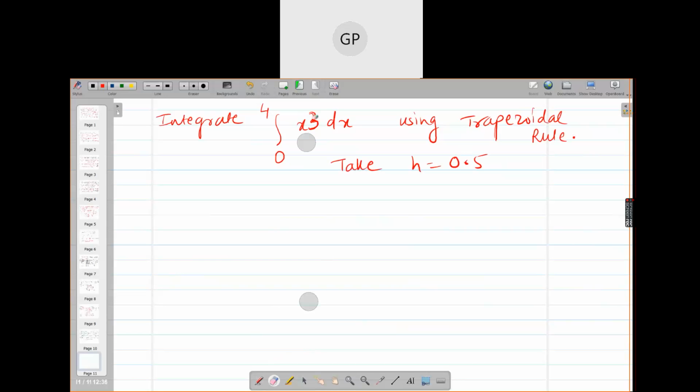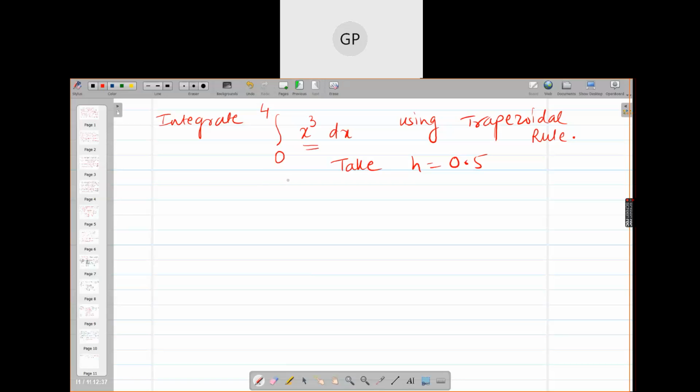I am taking the function x cube. So here the function is given to you.